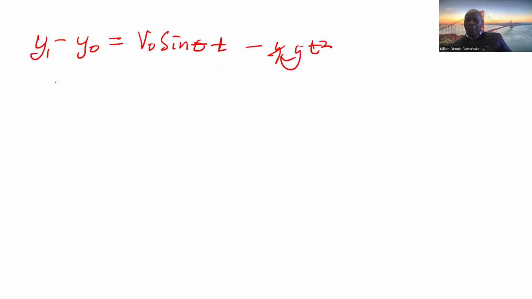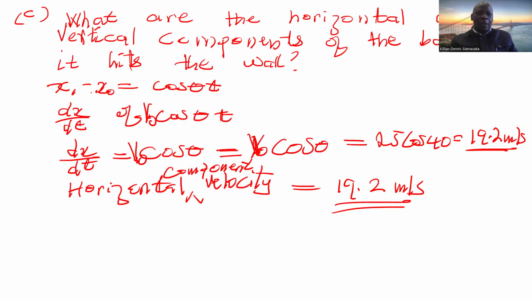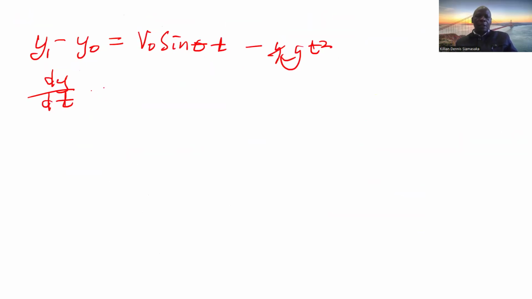So for you to get the velocity, you have to differentiate, dy/dt. If you differentiate this V0 sin theta t, you get V0 sin theta. And if you differentiate this one, it becomes g t.